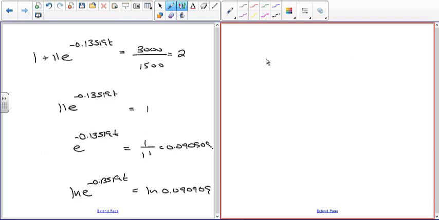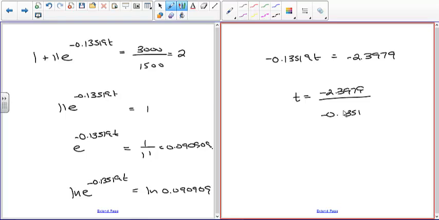So the left-hand side just becomes negative 0.13519 t, and the right-hand side is the natural log of that quantity, which is negative 2.3979, and then divide both sides by negative 0.13519.